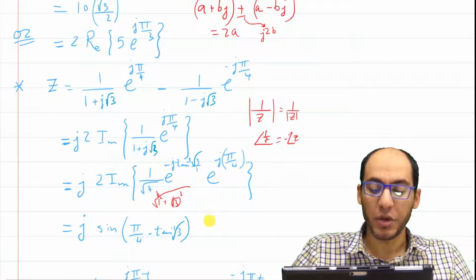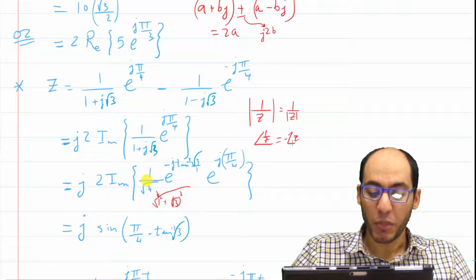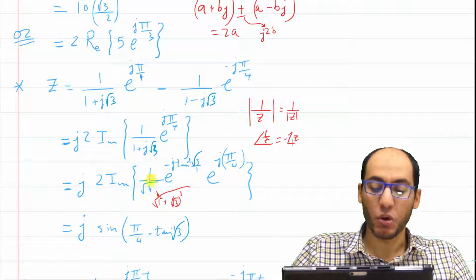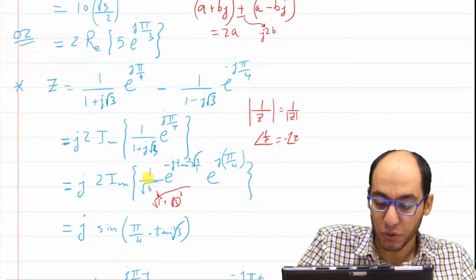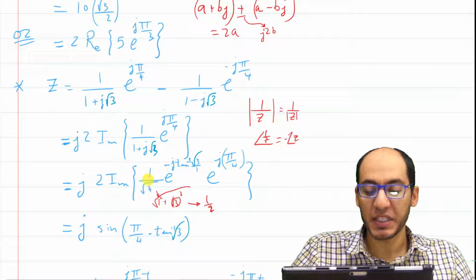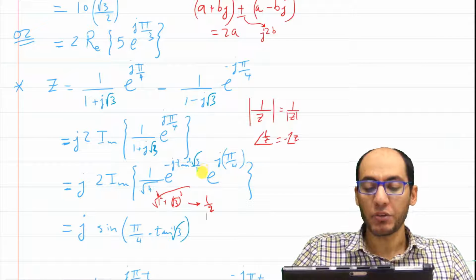If you want to calculate the imaginary part, how do you get it? You get the amplitude, which is 1 over the square root of 4, that's basically equal to 1 over 2, multiplied by sine of the angle. How do you get the angle?